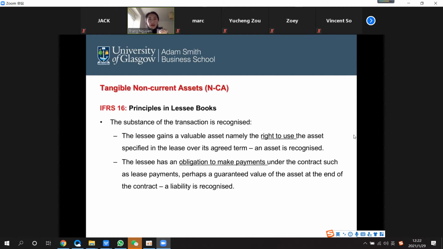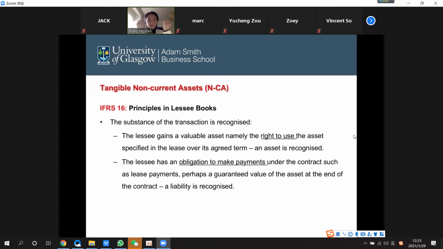But how about the obligation to make payments? The obligation to make payments is also at a future point, right? We need to pay a certain amount in the future. We discount back to the present, but does it capture the initial amount at the starting point? No, because we paid it already. Therefore, we still discount the future cash flow to the present value, but we exclude all the amounts that we already paid.